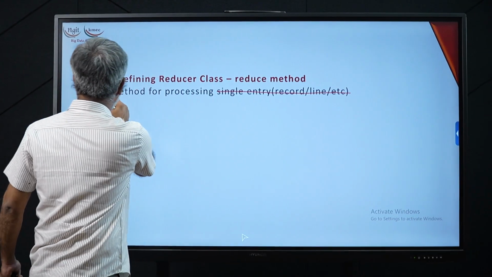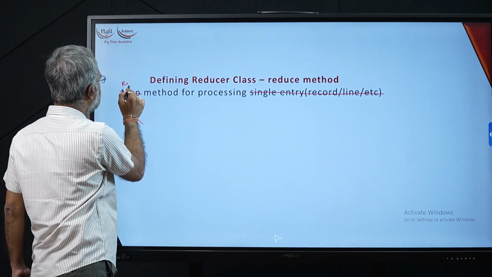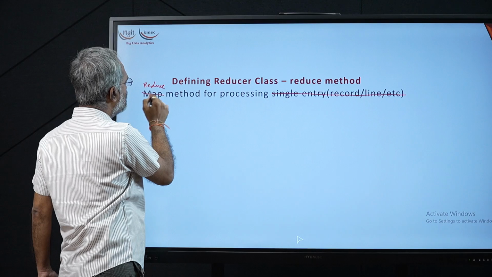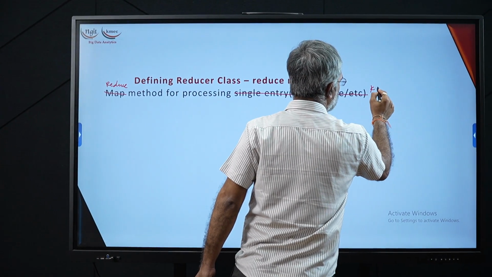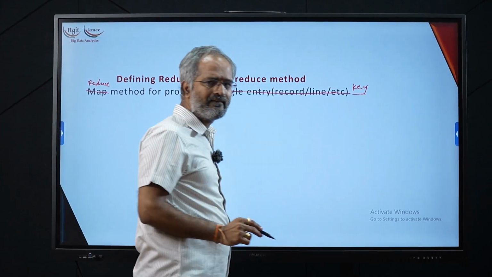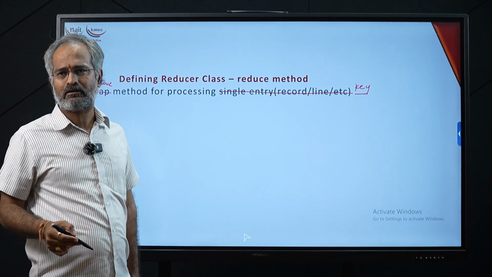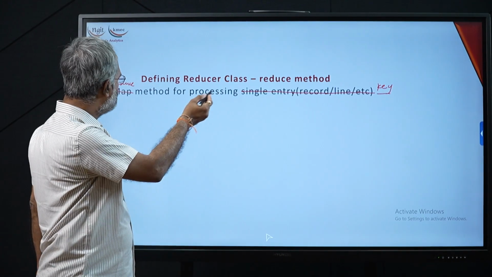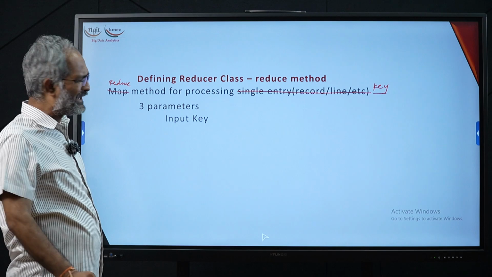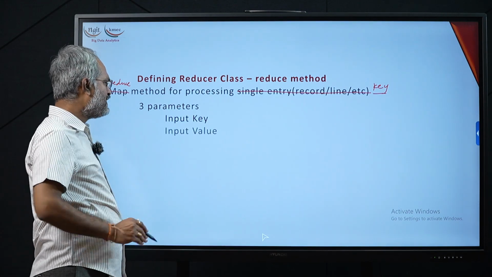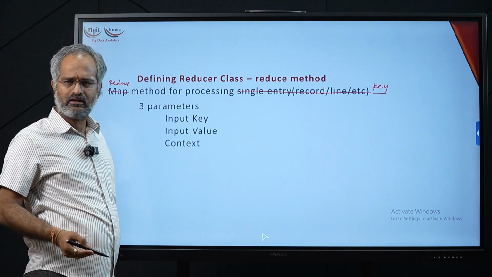The reduce method will be called once per key. However many keys are given by the mapper phase, that many times the reduce method will be called. It also has the same three parameters: input key, input value and context, as usual.